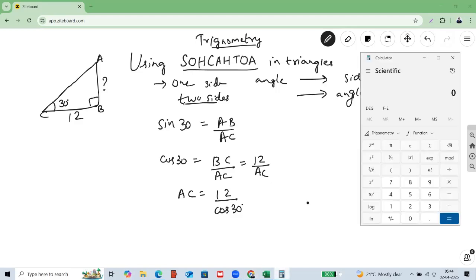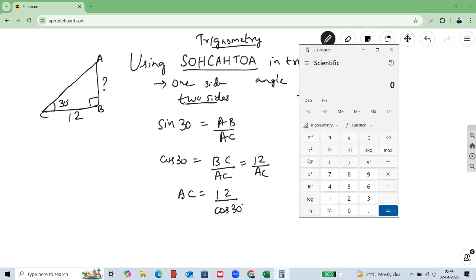For that, we'll use a calculator. I hope you're able to see my calculator. So AC is basically 12 divided by cos 30. First I take the 30 degree and use the trigonometric function of cos. So this much is my cos 30.